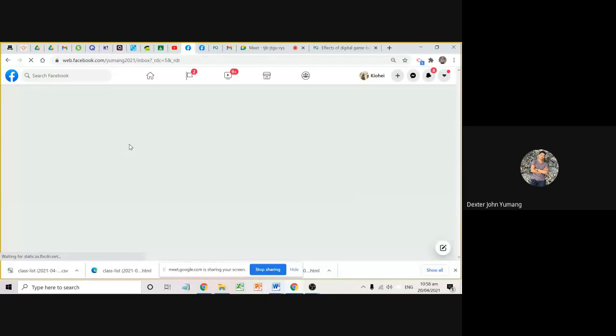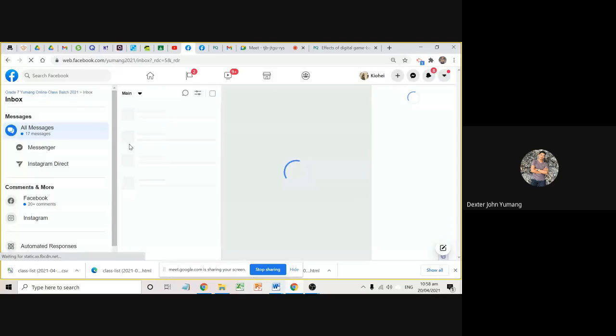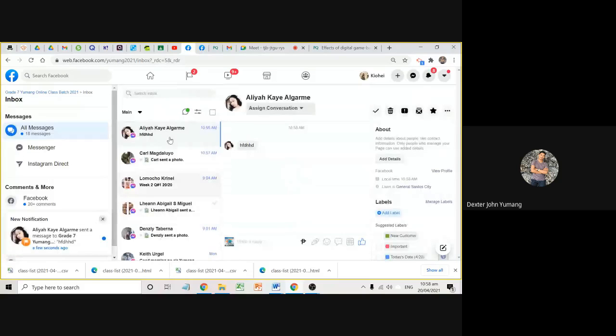Okay, may nakasulat dyan, www.facebook.com/humang2021. I-click mo yan, tapos send message ka. Mag-send ka ng kahit anong message para makita ko. Ayun, nakita ko na.